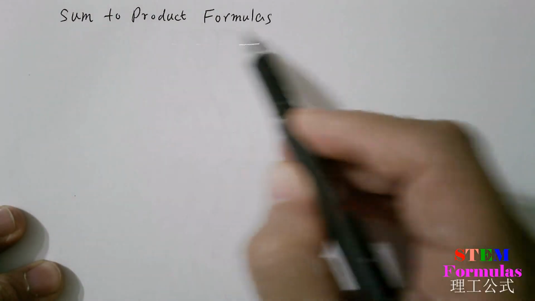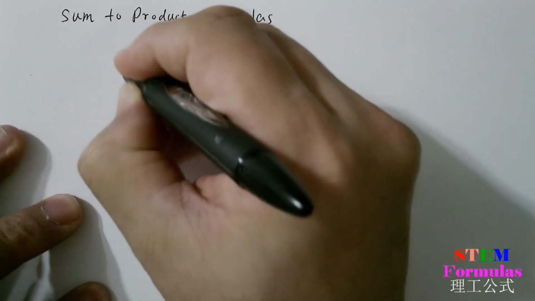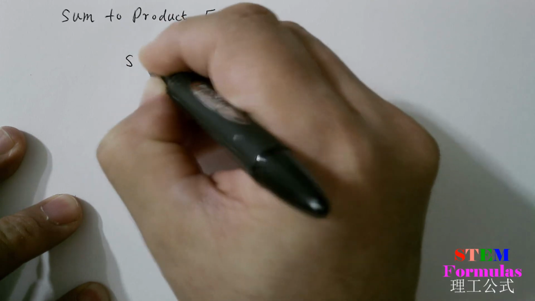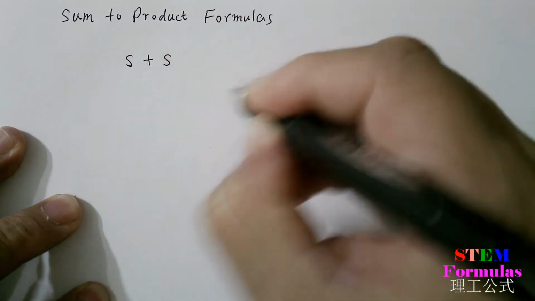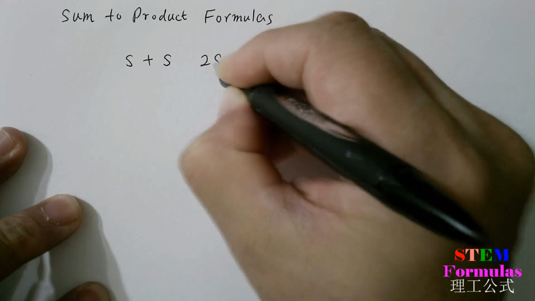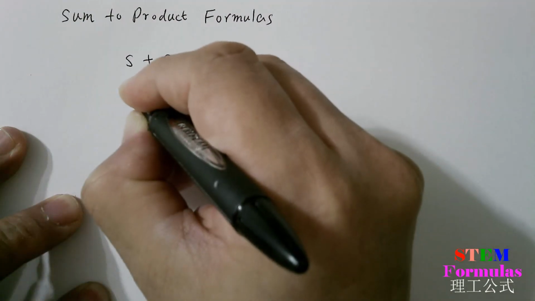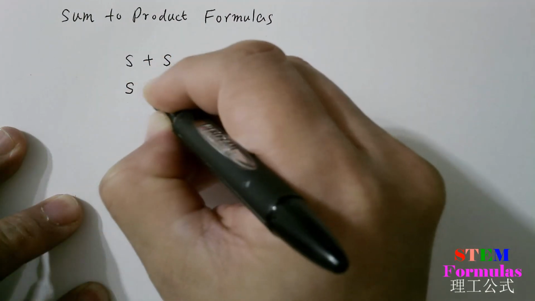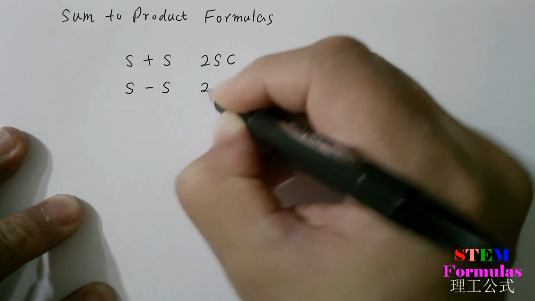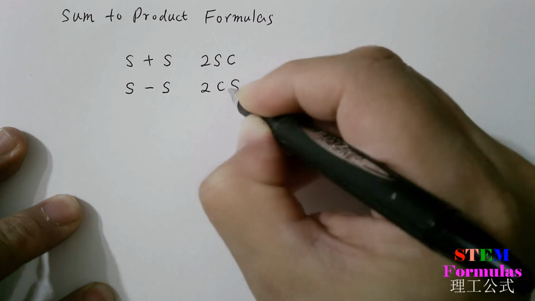Sum to product formulas. We use this diagram to memorize. We write down S plus S, and 2SC, and S minus S, 2CS.